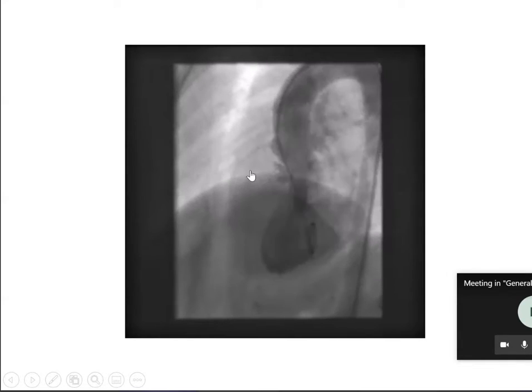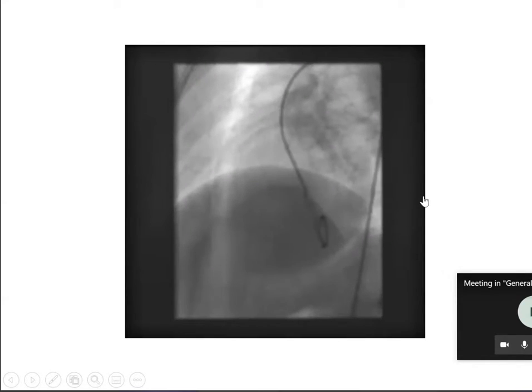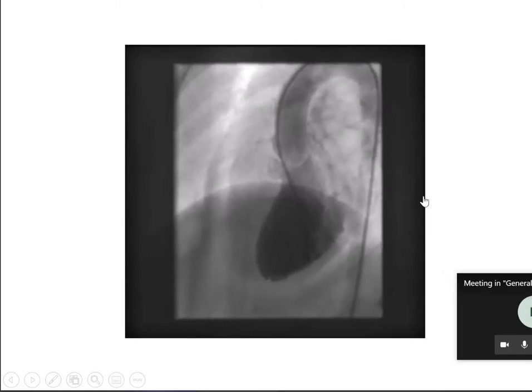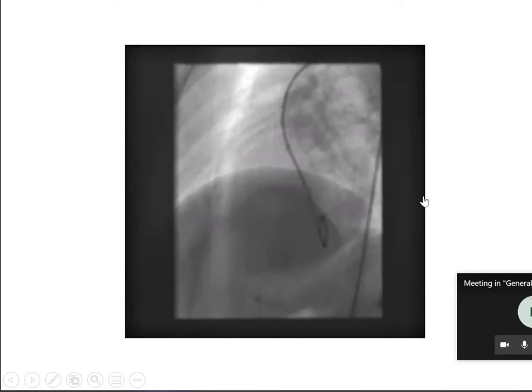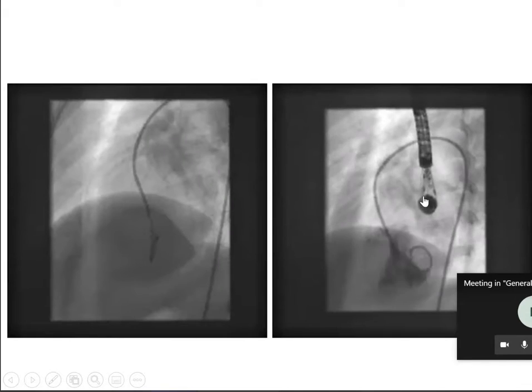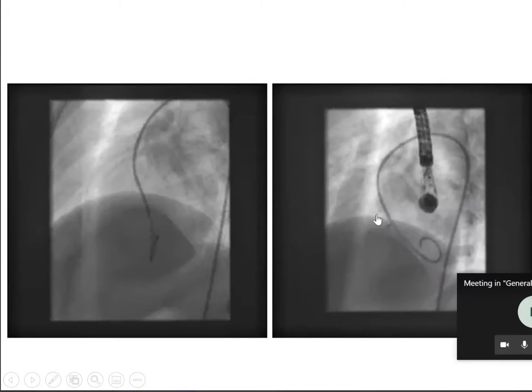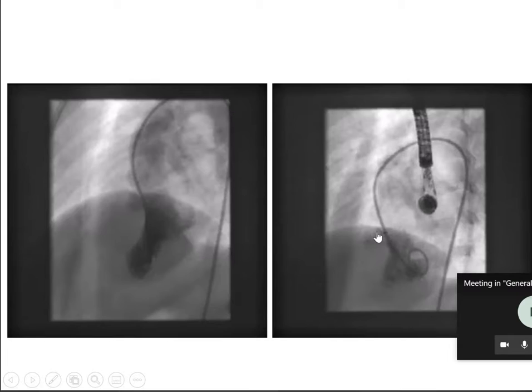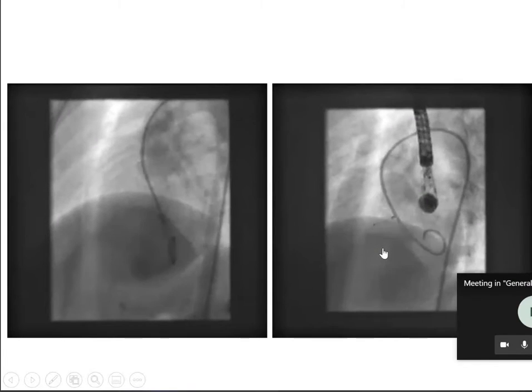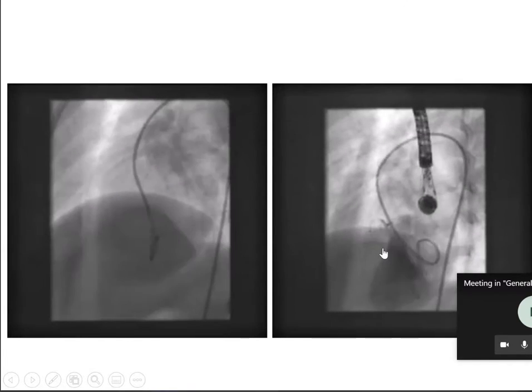In this region, shunting. Is it a big shunt or a small shunt? The small shunt only, sir. It is not able to opacify the RV well. Okay, very good. So what will you do? Device closure. You can do a device closure if the shunt is significant.